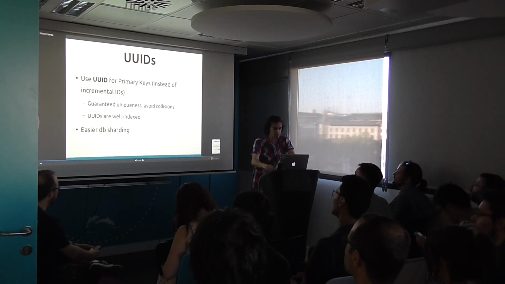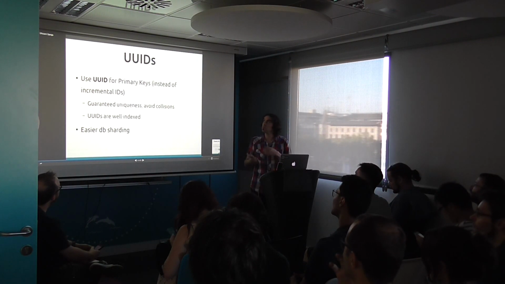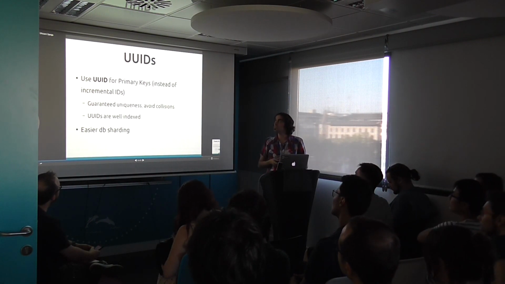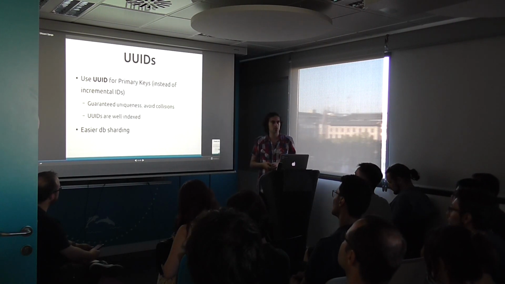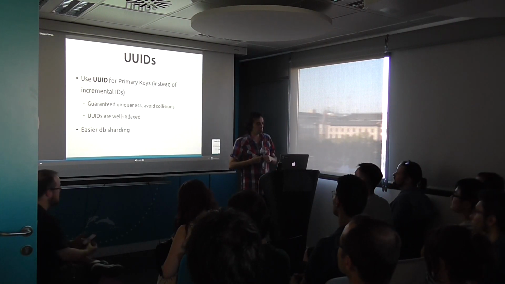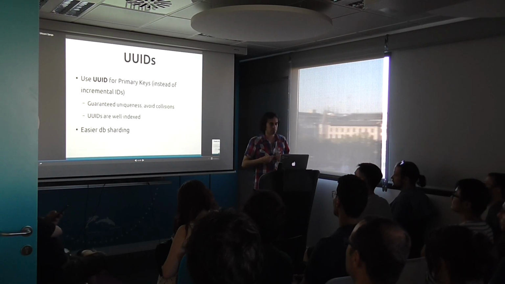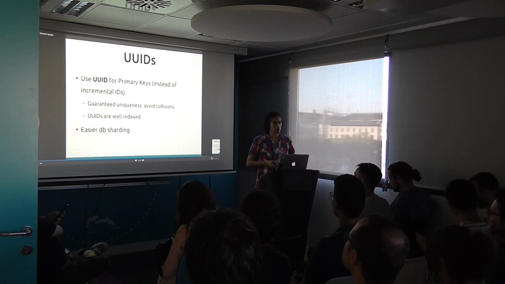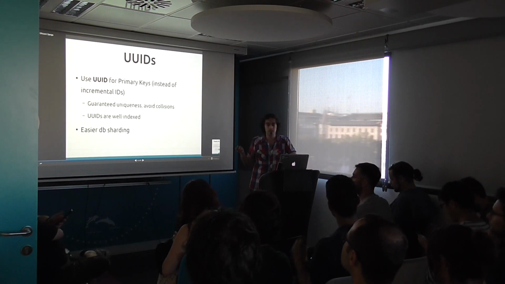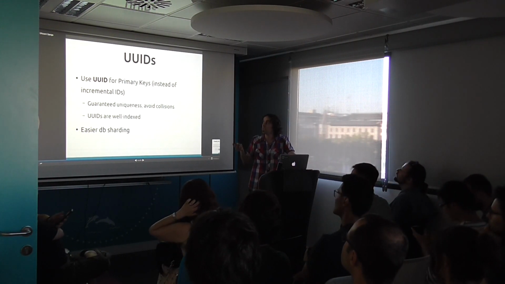More stuff. Okay, this is not very related to typical scalability and performance, but this is important when you want to scale your application and your logic. Universal unique identifiers. By default, in your databases, when you add a model, you will have a standard incremental ID.